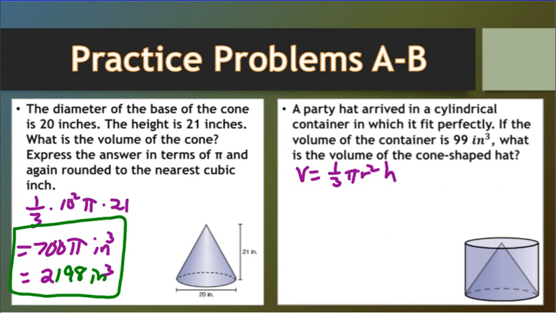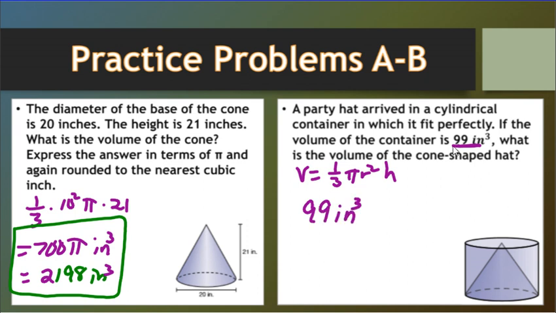Since at the very beginning we said that the volume of a cylinder is 3 times the volume of the cone, here they're giving us the volume of the cylinder. The volume of the cylinder is 99.